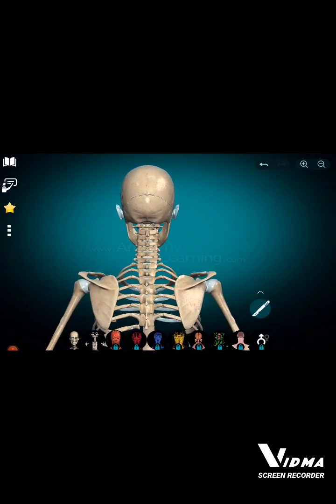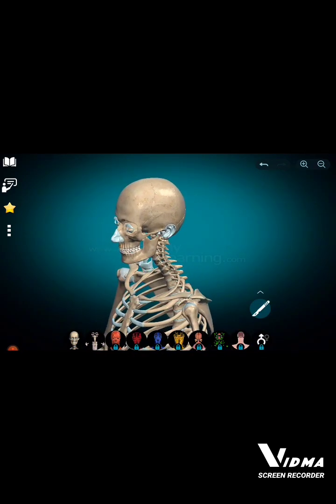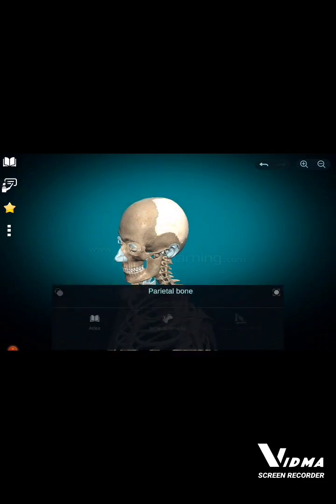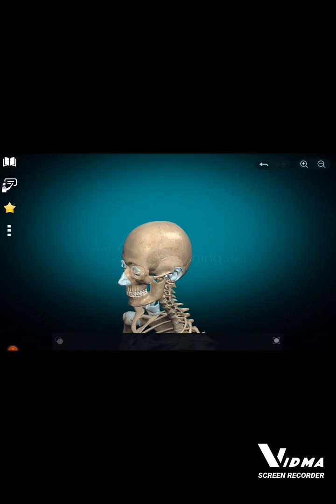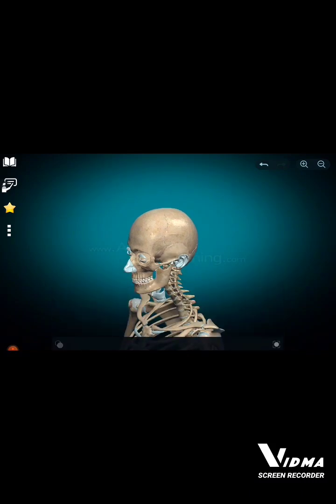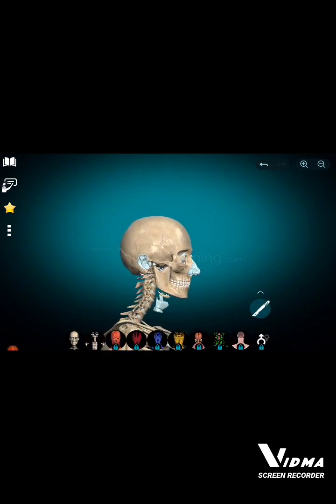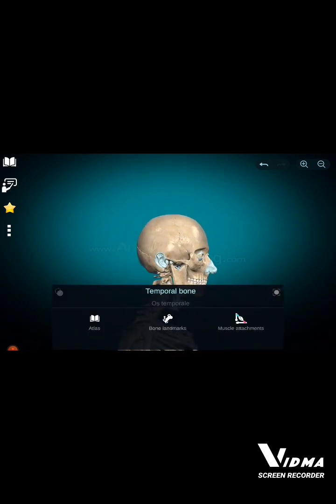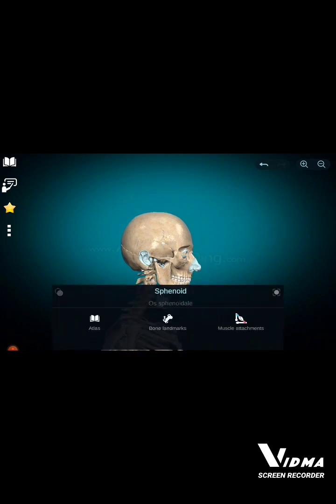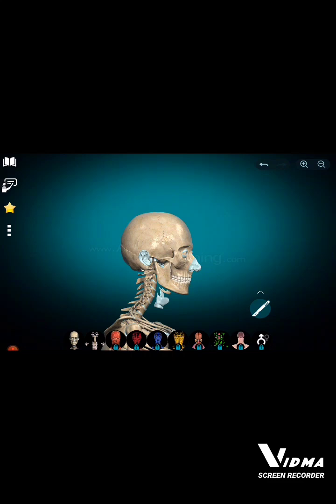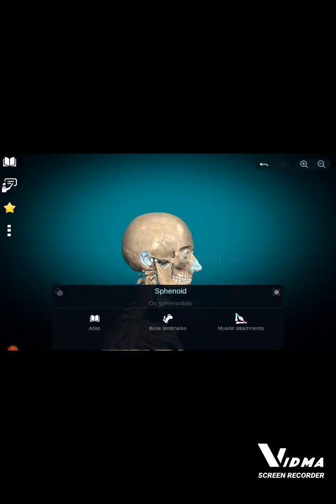Along with that, here we will see the temporal bone. This side one temporal bone, and here also a temporal bone. Two temporal bones, like sphenoid bone. This one is the sphenoid bone.